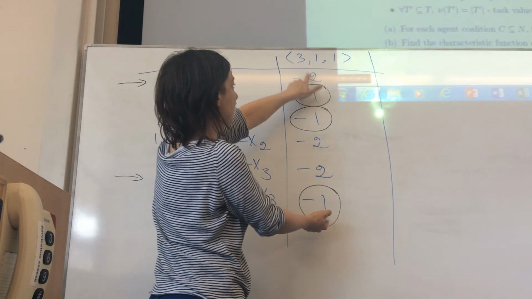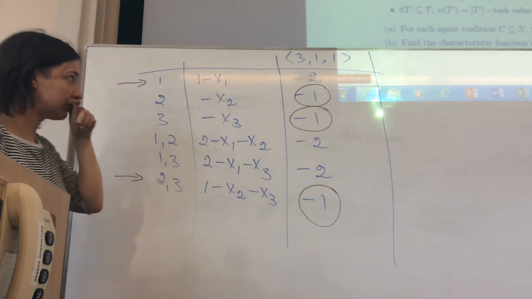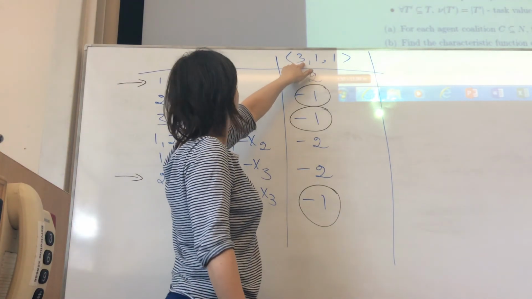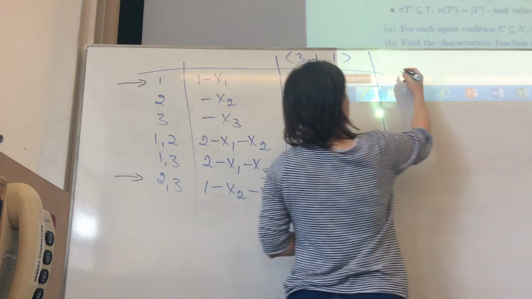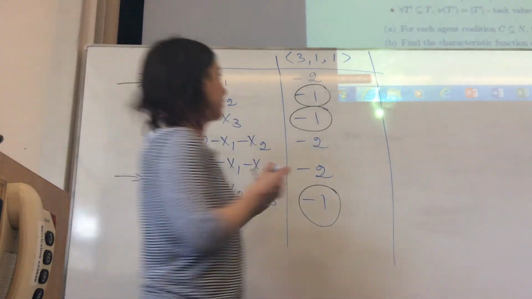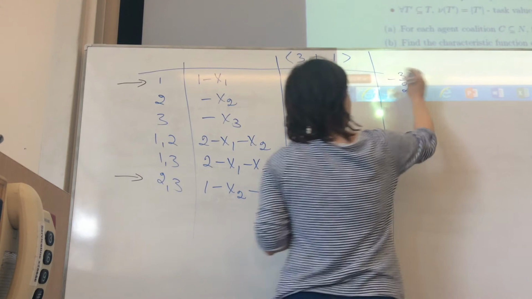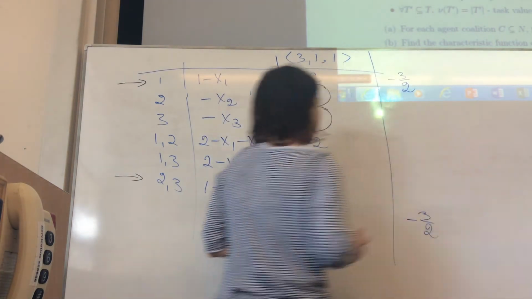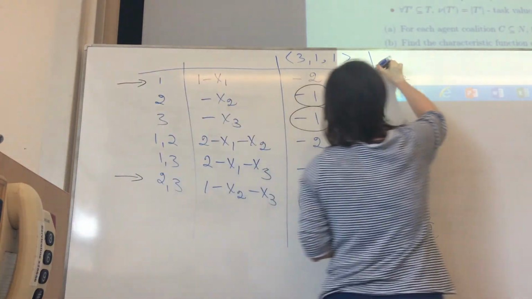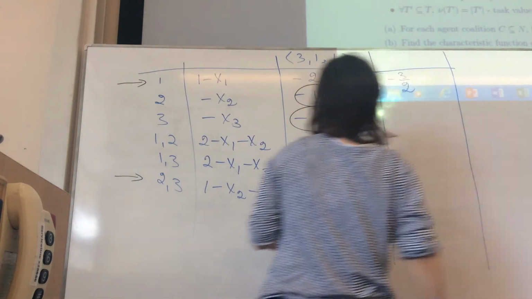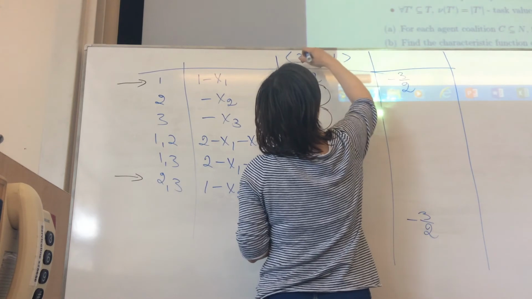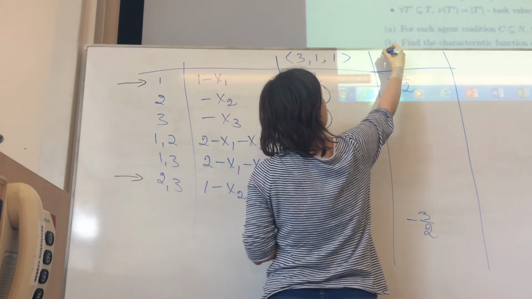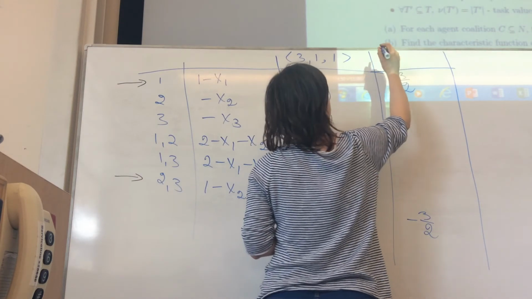Right? So I will take some from player 1, so that I get minus 3 over 2 here, minus 3 over 2 here. So this guy has to give away half, right? So he's with 5 over 2.